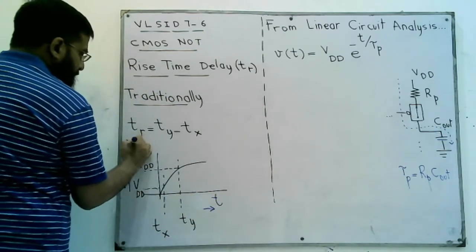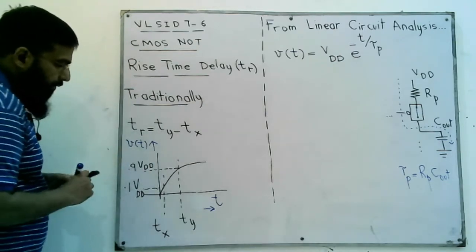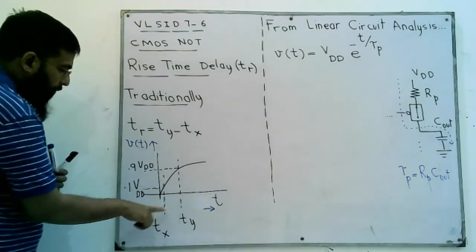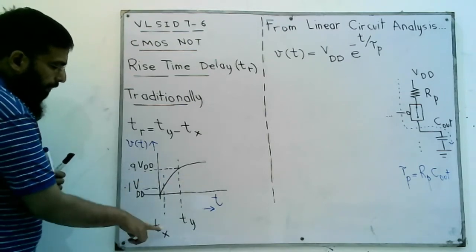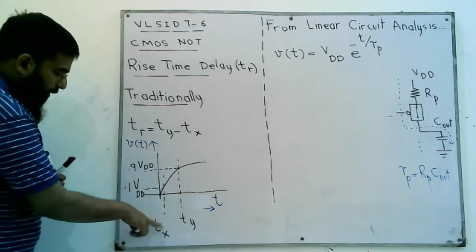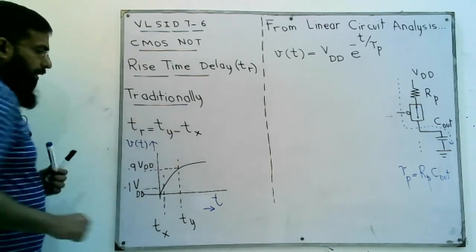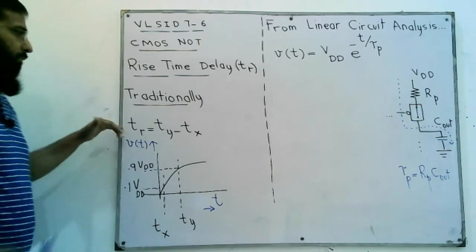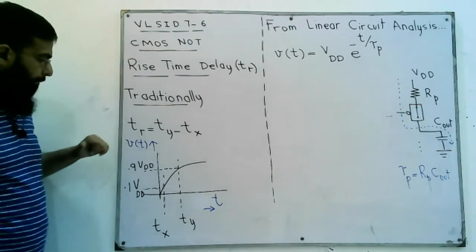computed like this: it's the difference between the time when the output has risen to 90% of VDD minus the time it was at 10% of VDD, dy minus dx. We saw a similar expression in our last lecture when we studied the fall time delay.